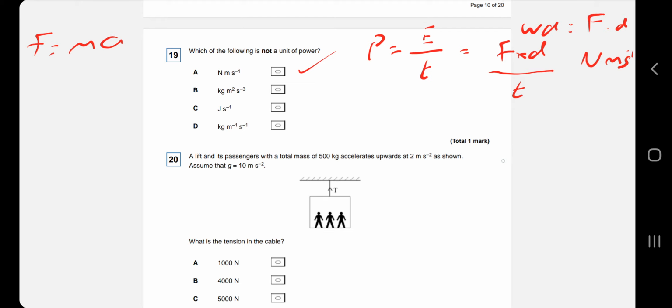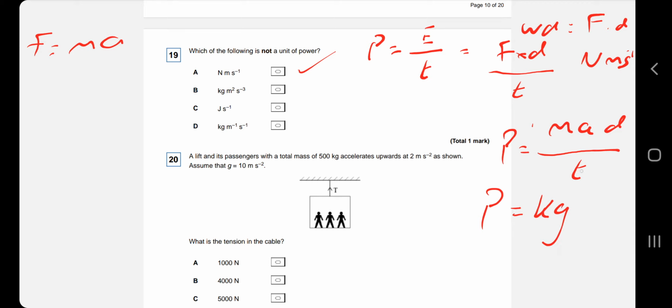So power is ma times distance divided by time. And then we just need to put our units in. So power will be equal to mass, which is kilograms, acceleration, which is meters per second squared, times distance, which is meters, divided by time, which is another s to the minus 1. So the total one is kilogram meters squared s to the minus 3. So B is also correct.